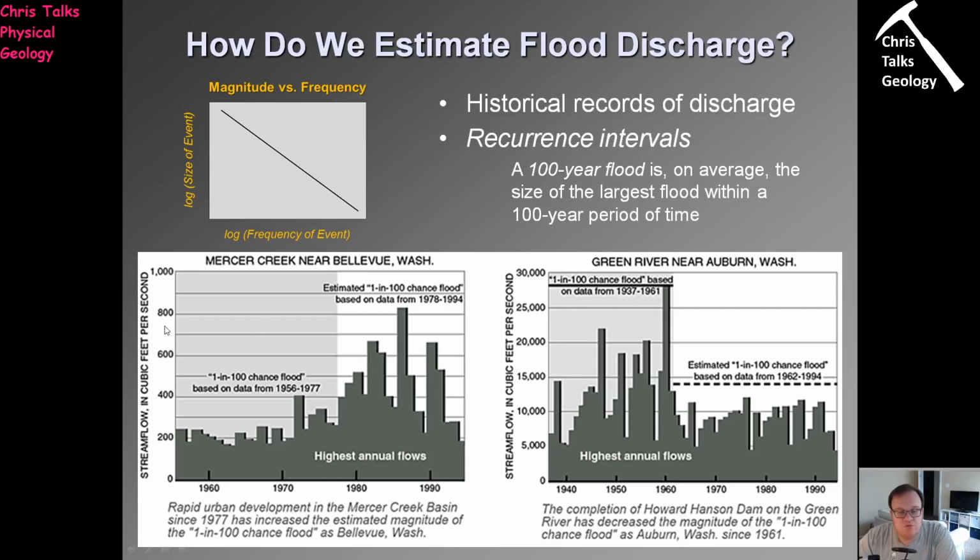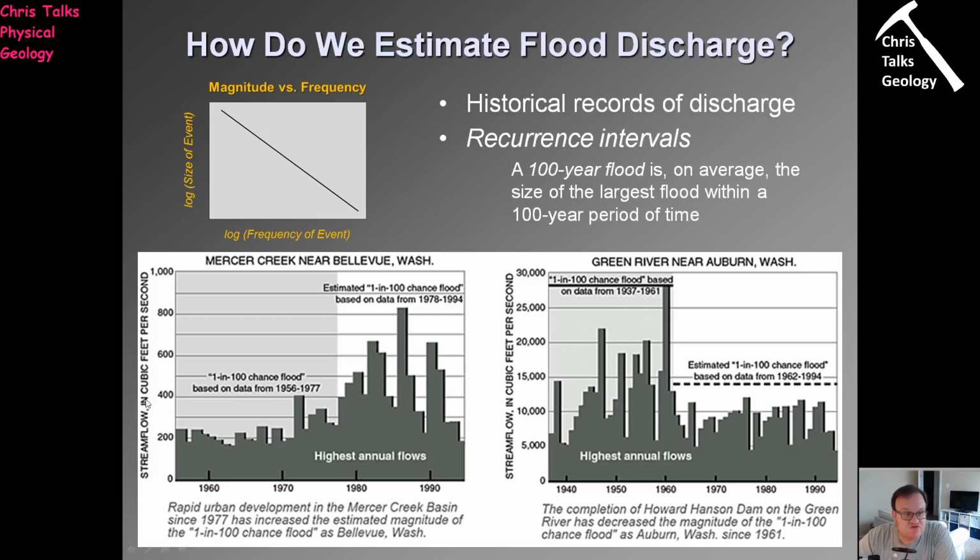So the problem is that the 1 in 100 year flood will vary depending on the data you select. So if we were to select the data in this grey area here, well, the 1 in 100 year flood would be here, 1956, and essentially would be right there, about 72.